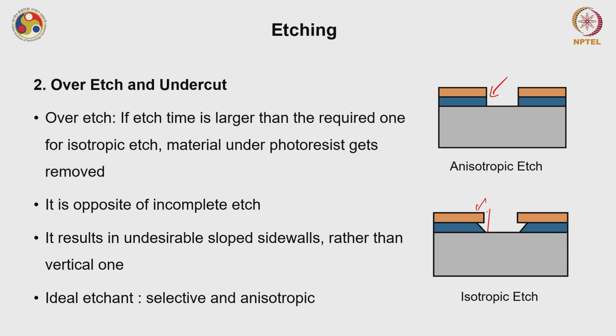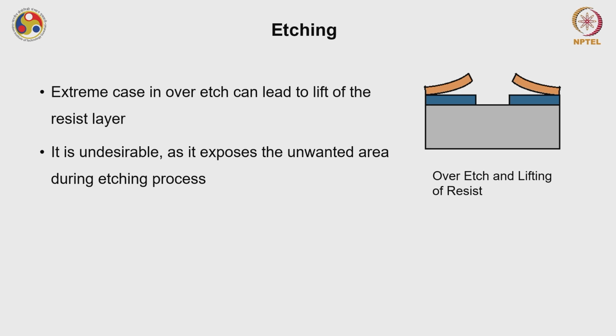So the ideal etchant should be selective and anisotropic in nature. An extreme case of over etch can sometimes lead to lift off of the resist layer. It is undesirable as it exposes the unwanted area during the etching process. Usually you do not want the lift off of the resist because you have kept it for the other processes.